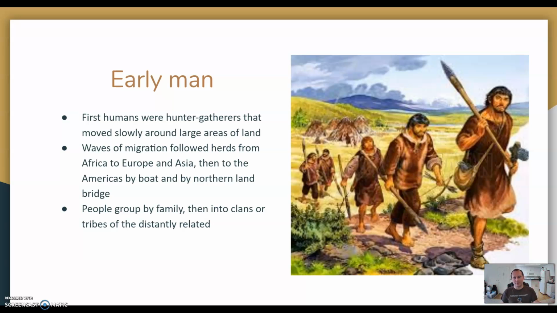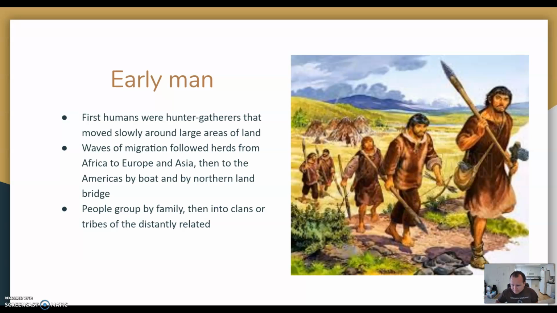First, we move into Asia and Europe, and then from there we spread to places like Australia and the Americas by both boat and frozen land bridges over different periods of time of global warming, global cooling.